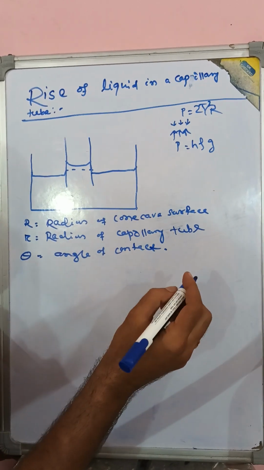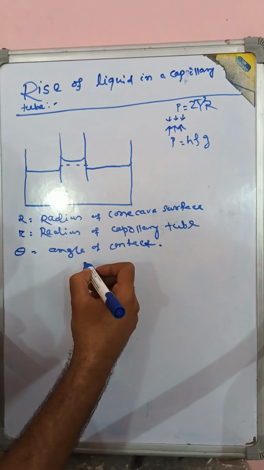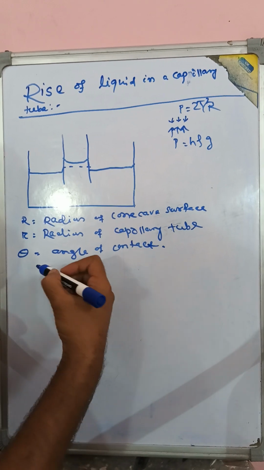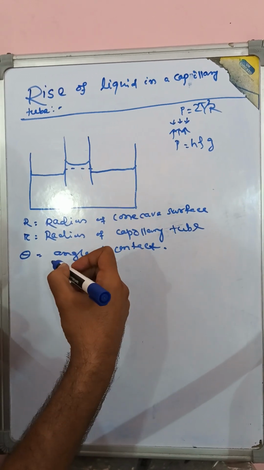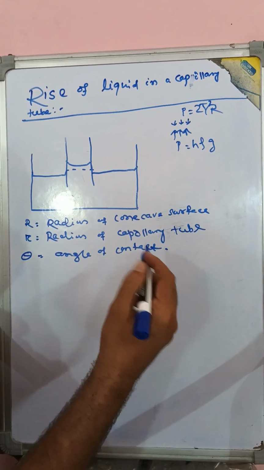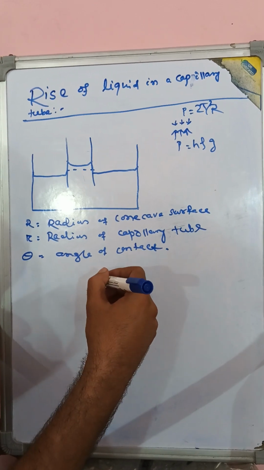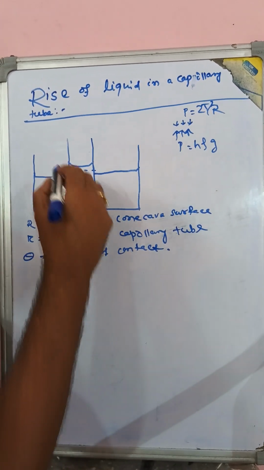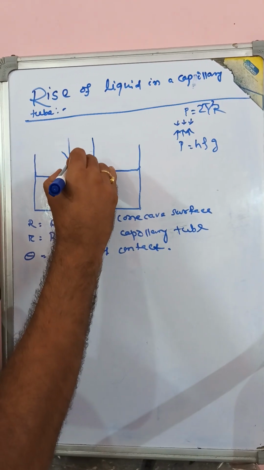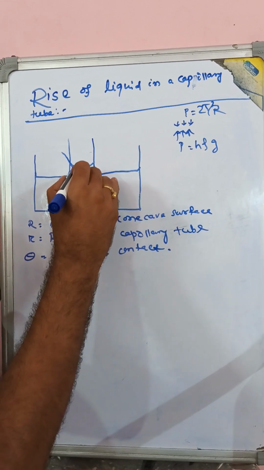Angle of contact is defined as the angle theta between the surface of the liquid at the point of contact and the solid surface inside the liquid. This is the angle of contact.